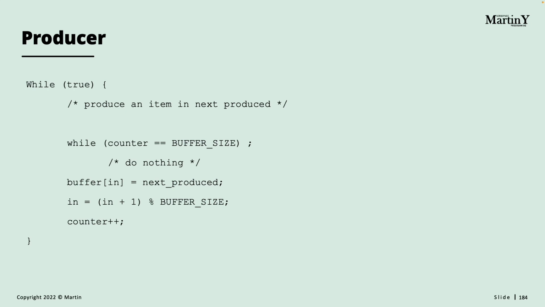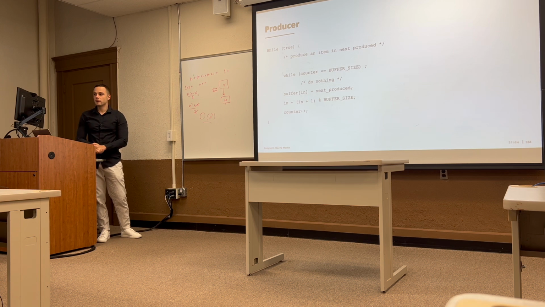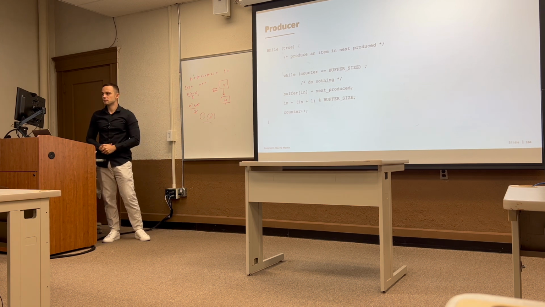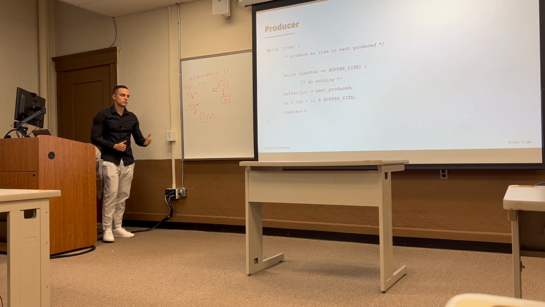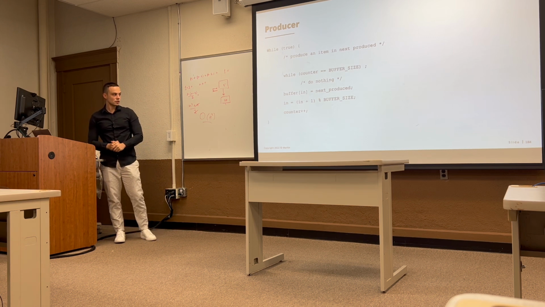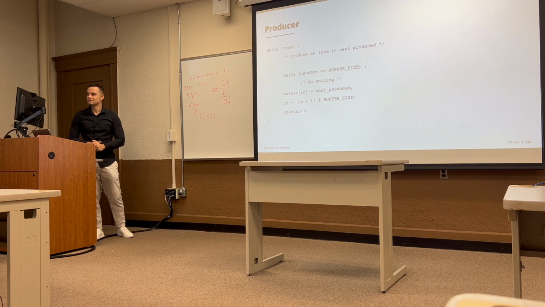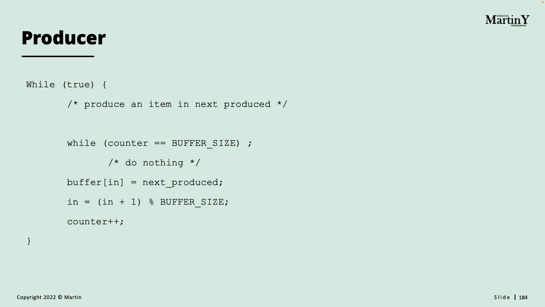Okay, so when we add information to the buffer, we're going to increment the counter by 1. So counter plus plus means counter plus 1. Okay, so let's say in that situation the counter is 2, counter plus plus will make the counter equal to what number? 3. Exactly.